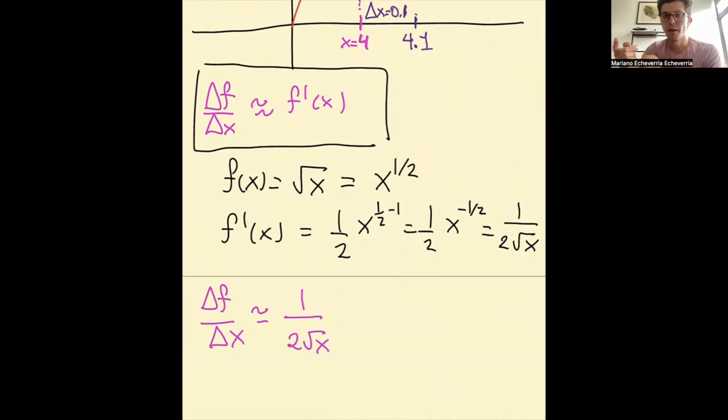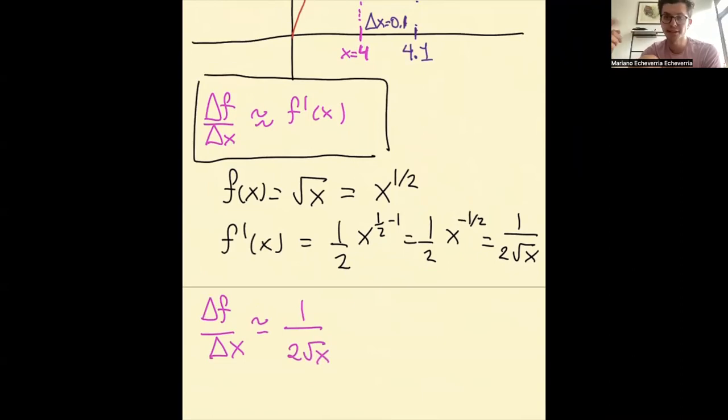This is the approximation, but we want it for delta x equals 0.1 and x equals 4. Is that okay?